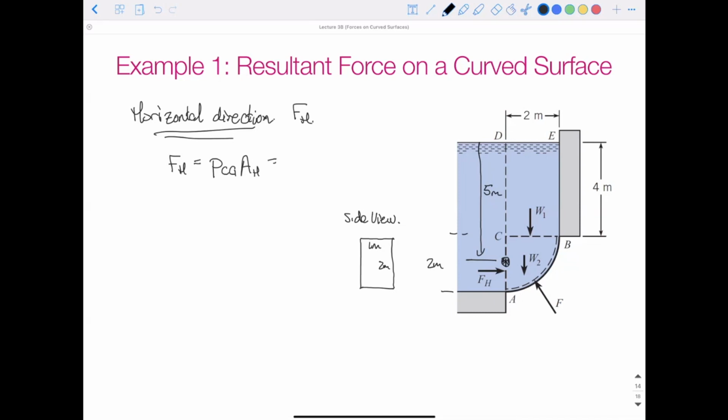So our horizontal force would be our pressure at a depth of HCG times the area of H. So we have 9810 newtons per meter cubed times our height, which is 5 meters to the center of gravity, times our area, which is 2 meters squared. If we do this, we get a horizontal component of force equal to 98.1 kilonewtons.